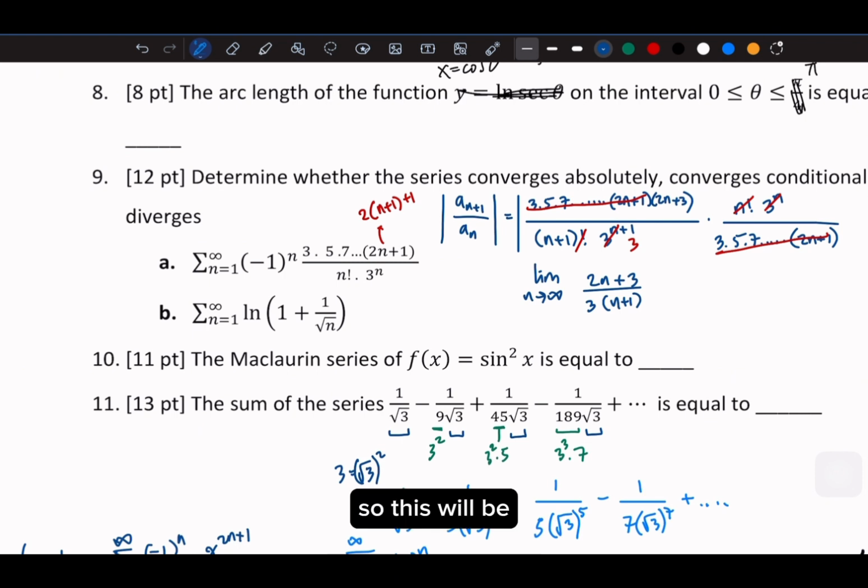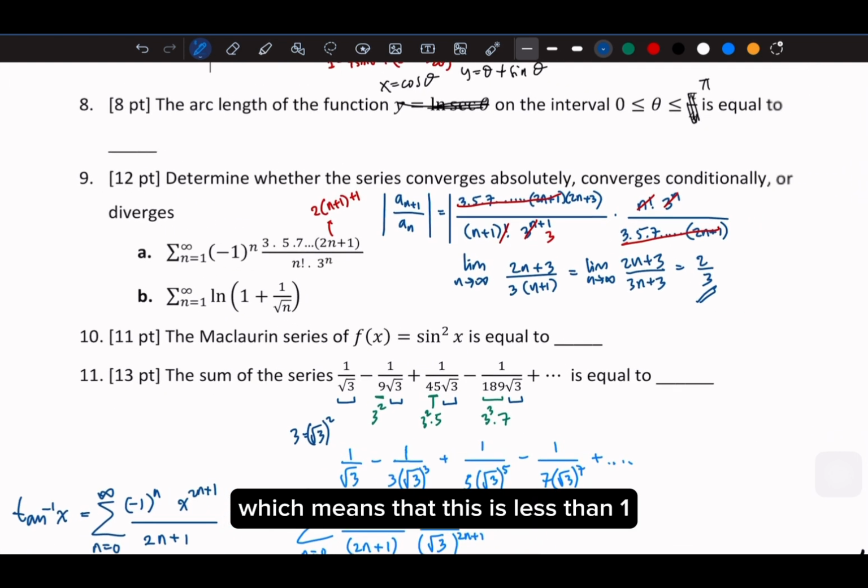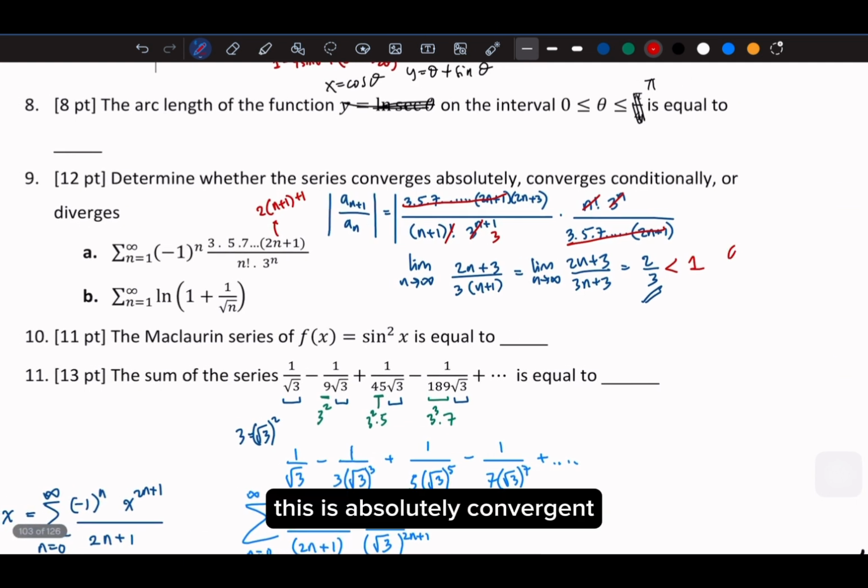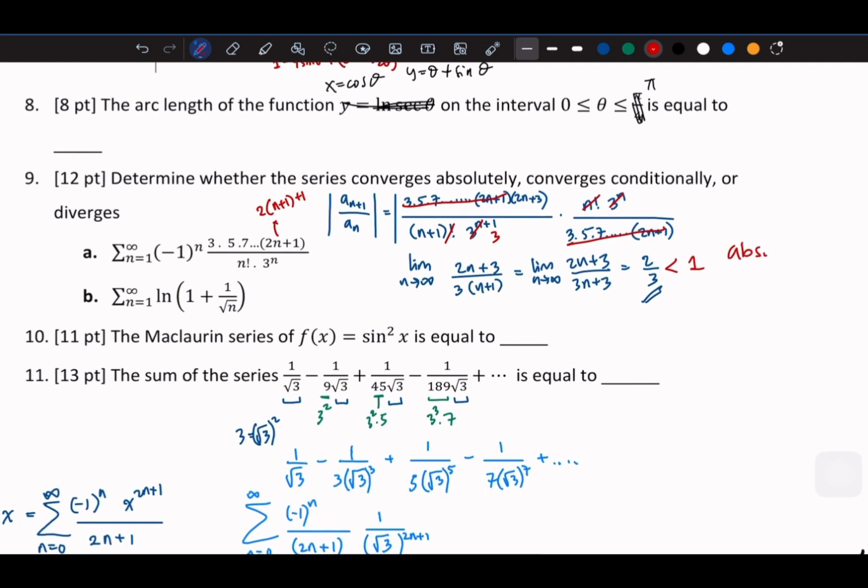So this will be equal to 2 over 3, right? Which means that this is less than 1. So you could say that this will be converged. Or in our case, we can directly write this is absolutely convergent.